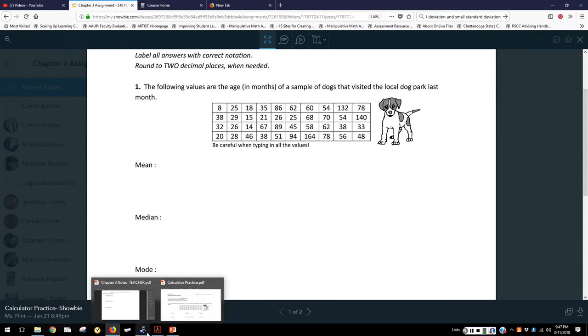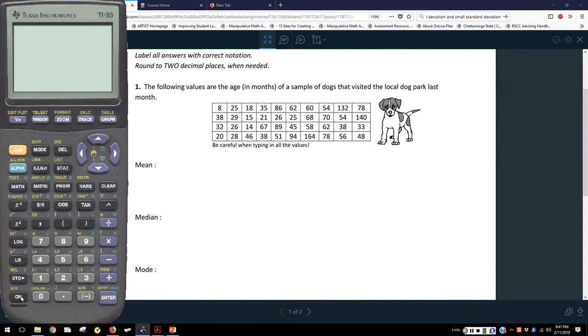So we're going to begin by getting the calculator, turning the calculator on, going to the Stat menu, delete out the data that I already have in List 1, and typing in the ages of the dogs.